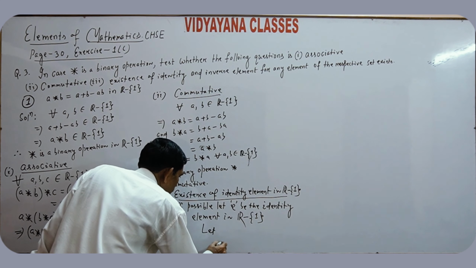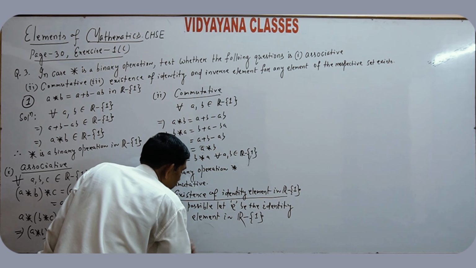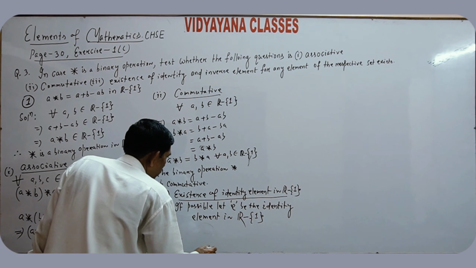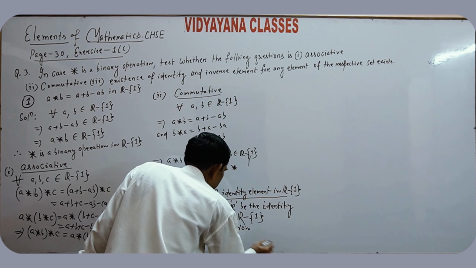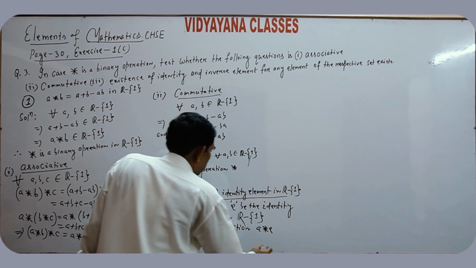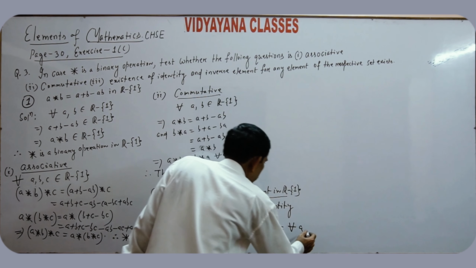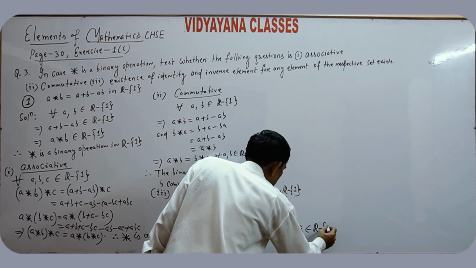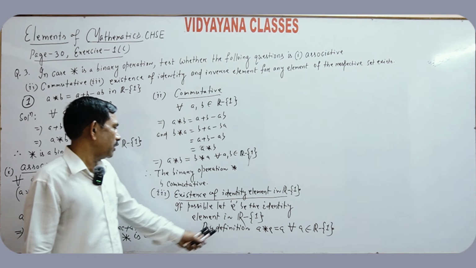If possible, let E be the identity element in R minus set of 1.